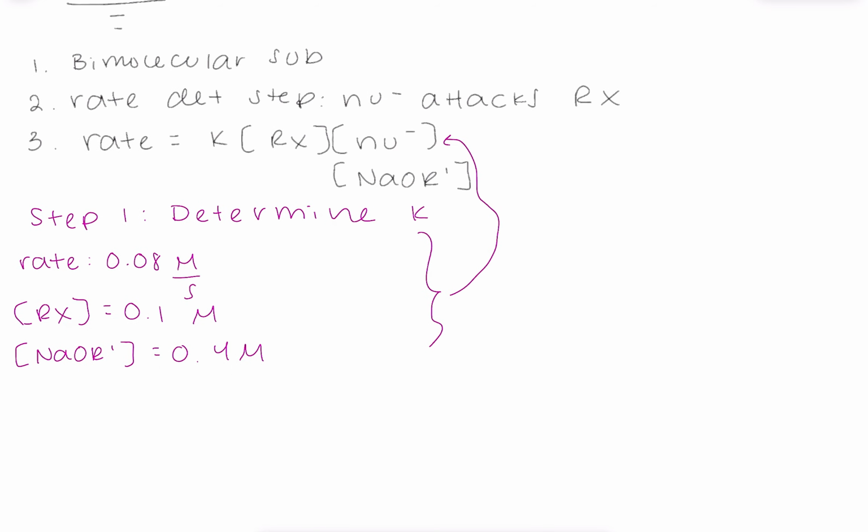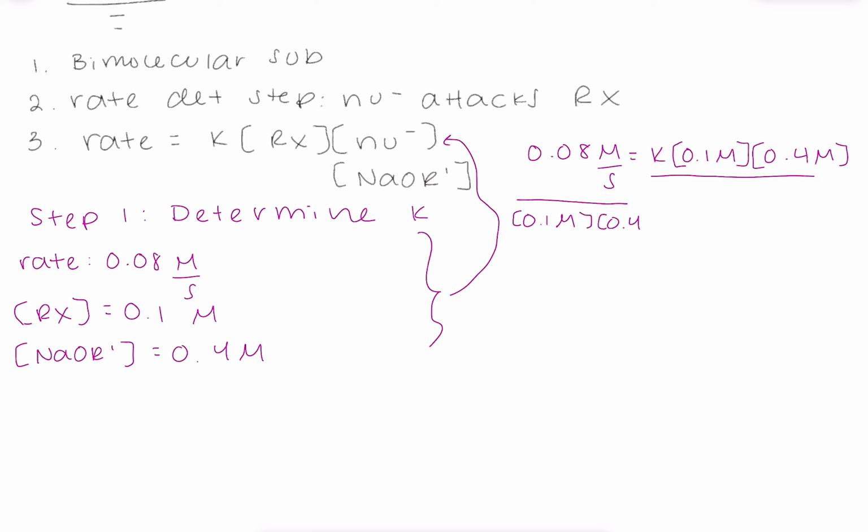So let's do that. Our rate is 0.08 molar per second, and it equals our K, which we are trying to find, and the concentration of alkyl halide, which is 0.1 molar, times the concentration of sodium alkoxide, which is 0.4 molar. And we want to get K on one side, so we divide both sides by 0.1 molar times 0.4 molar.